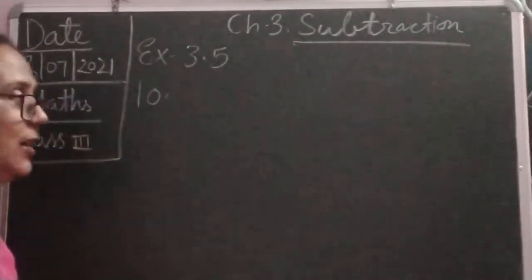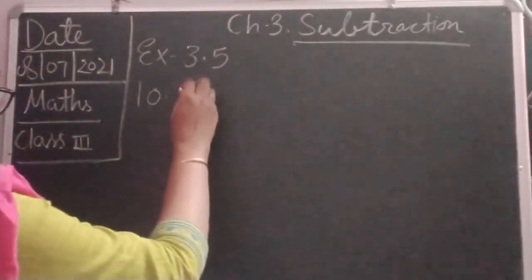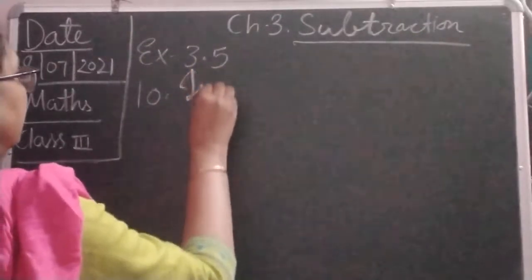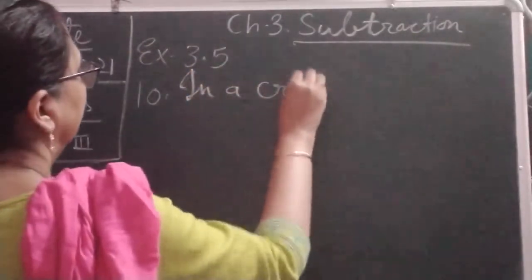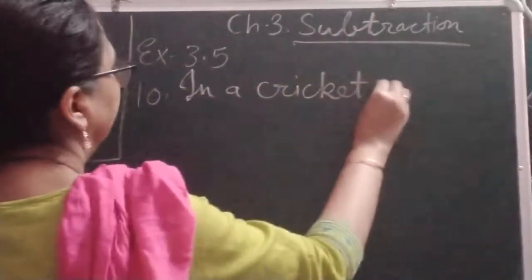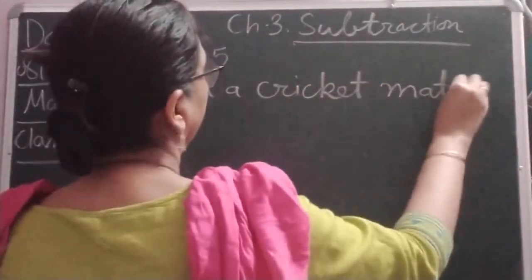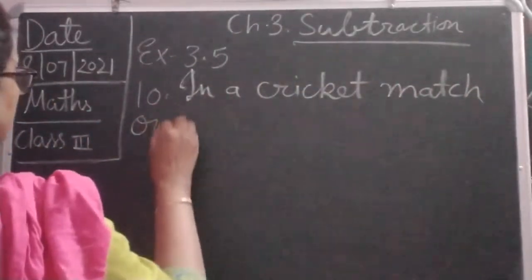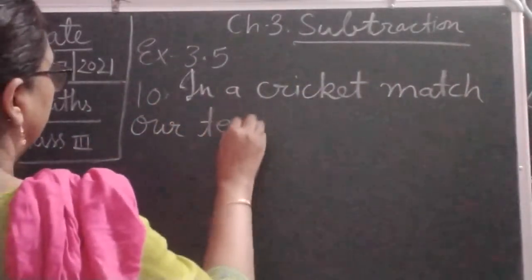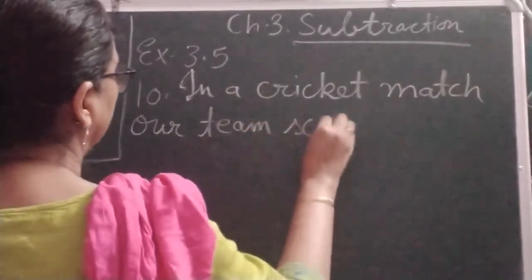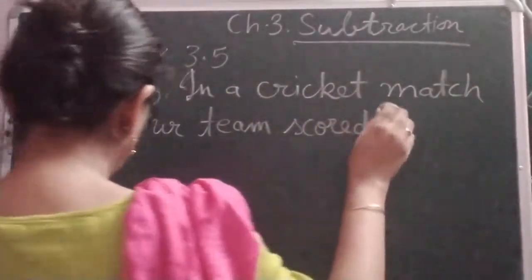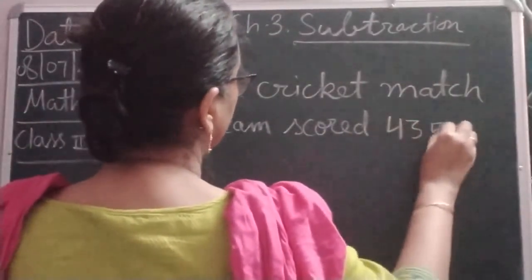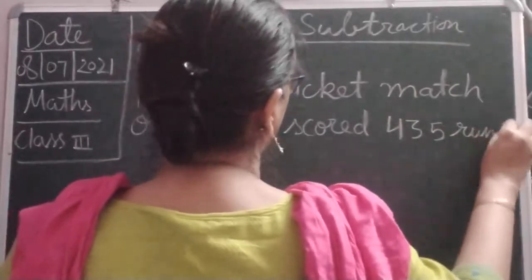Okay, so let's write it down. In a cricket match, our team scored 435 runs.